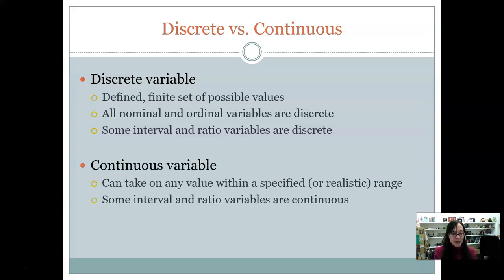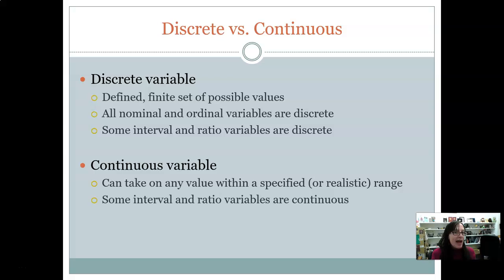Continuous variables can take on any value within either a specified range or a realistic range. The interval and ratio variables that aren't discrete are the ones that are continuous. This would be things like temperature, weight, age, time. This is where literally any value is possible within that range. With age, you can say, well, I'm 20, but technically I'm 20 and however many months, weeks, days, or hours.